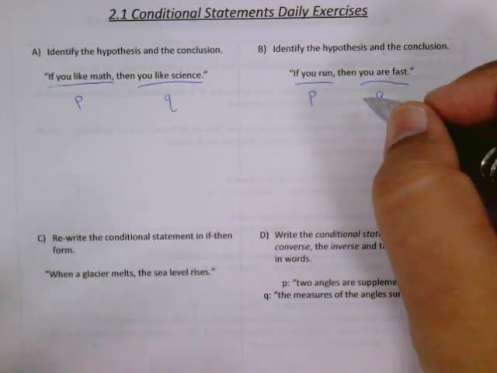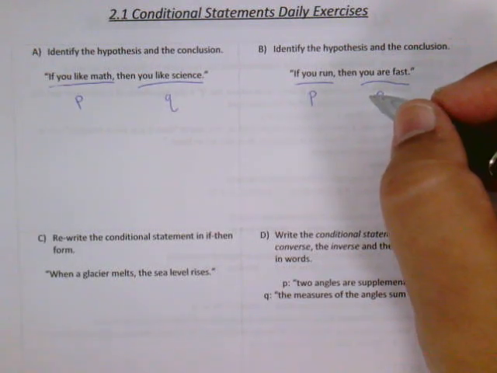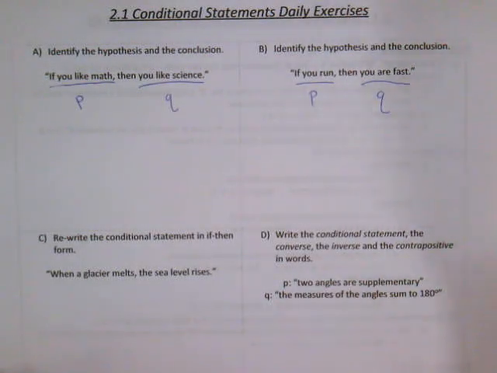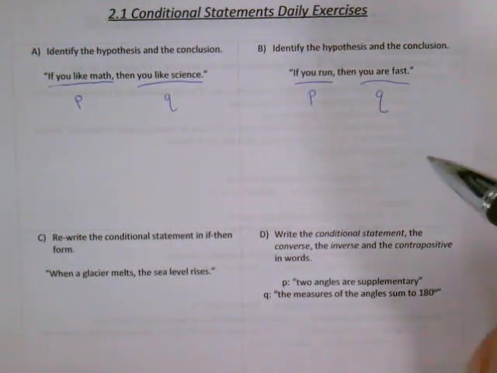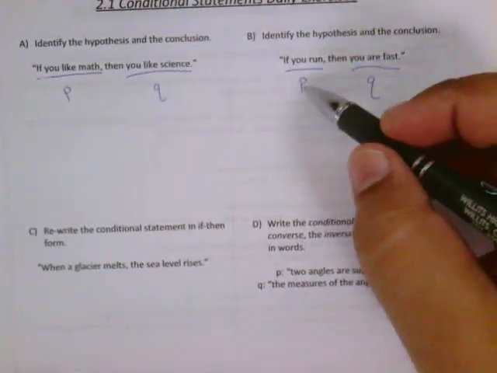But this is not based on true or false. True or false already comes from our own experiences, and because we're using reasoning, we're using logic and not our experiences. We do not automatically eliminate something just because it's not true. We know it's not true, but we still need to identify that's the hypothesis and that's the conclusion.